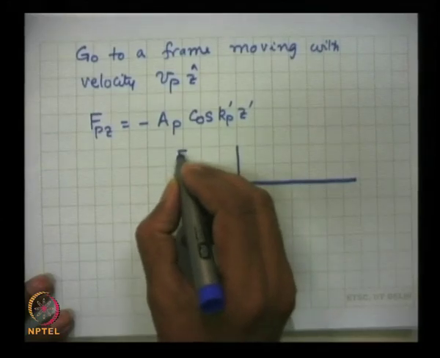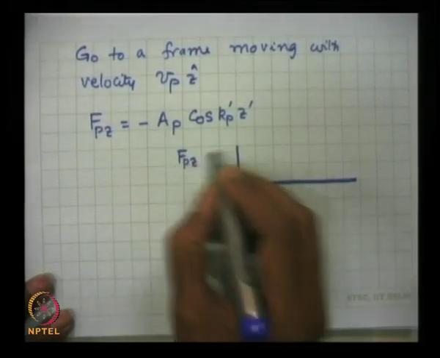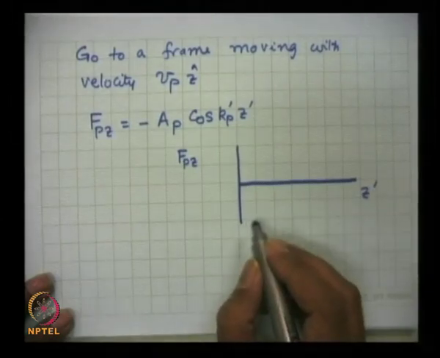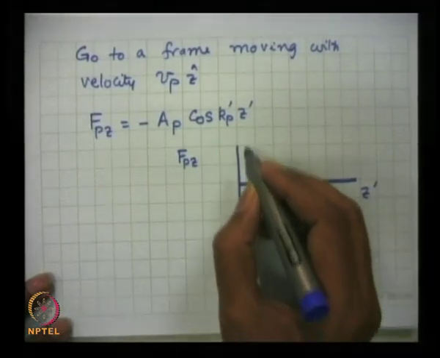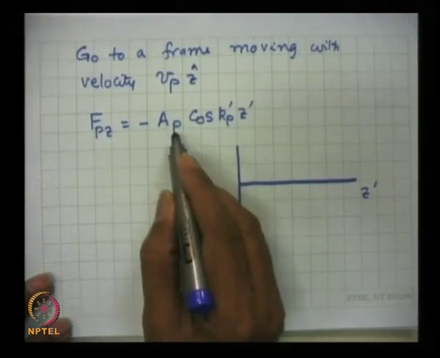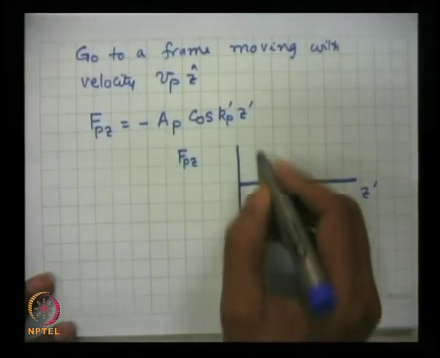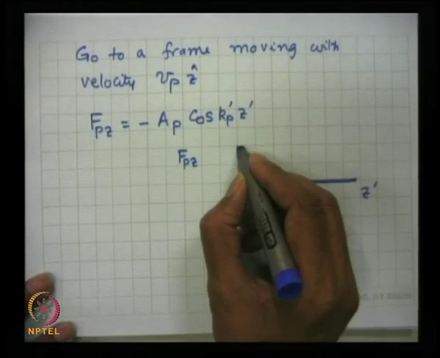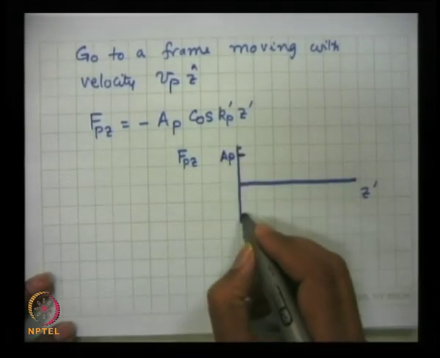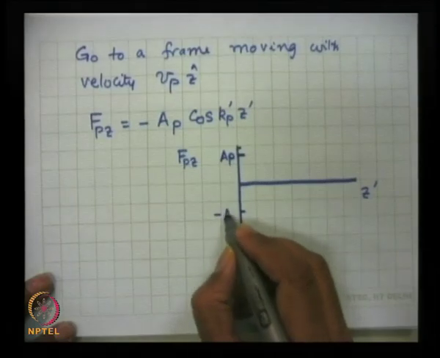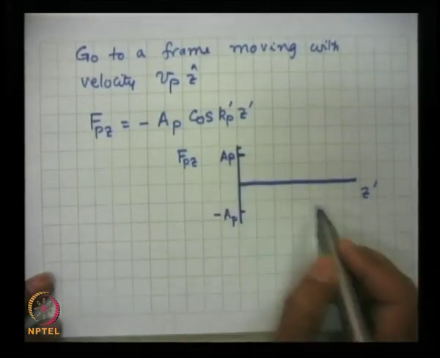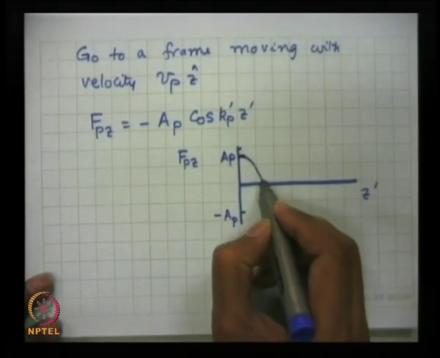Suppose the maximum value of Fpz is Ap, so plus Ap and minus Ap. If I plot this, it will have a periodic variation like this.